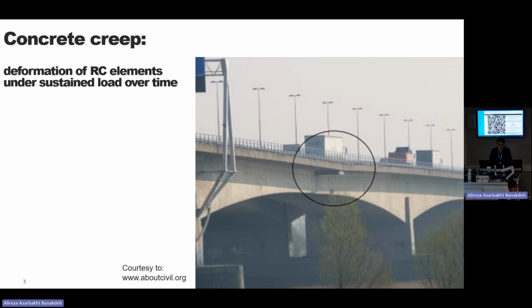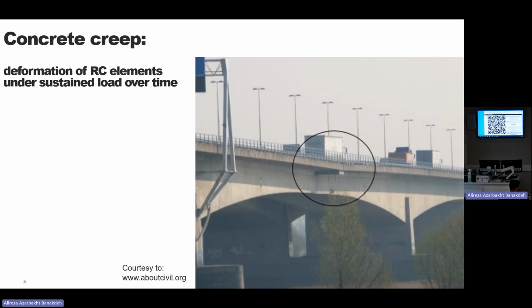So the calculation of this deformation is not very easy because concrete is a mixture of steel reinforcement and concrete, and if you want to really calculate the precise deformation, you need to rely on very complicated theories.